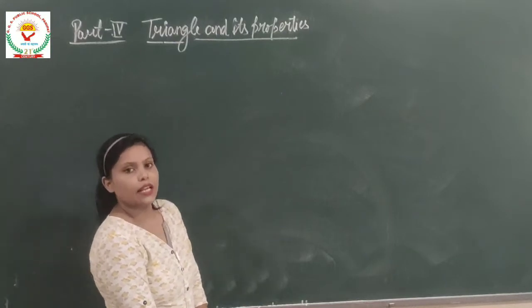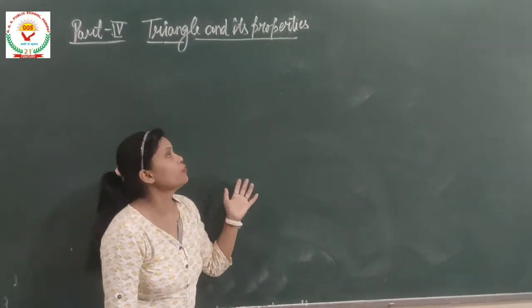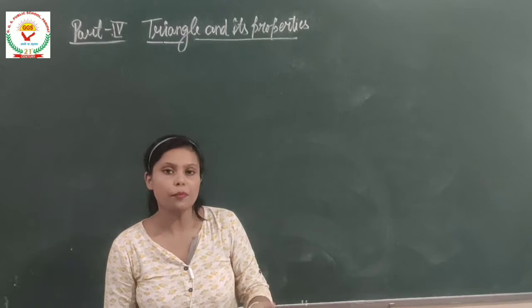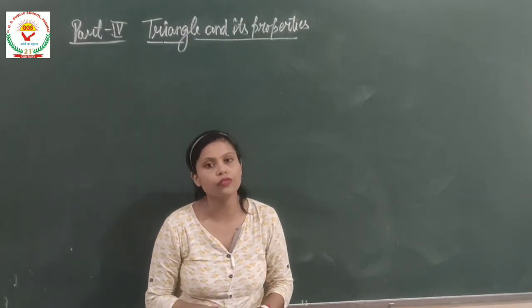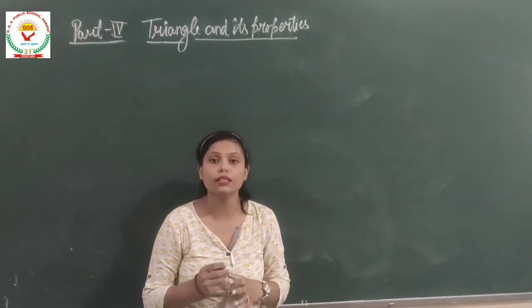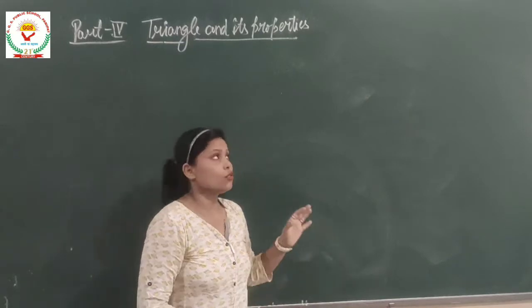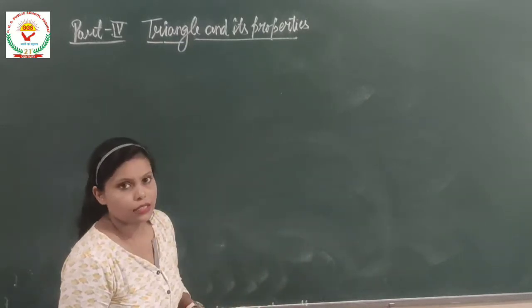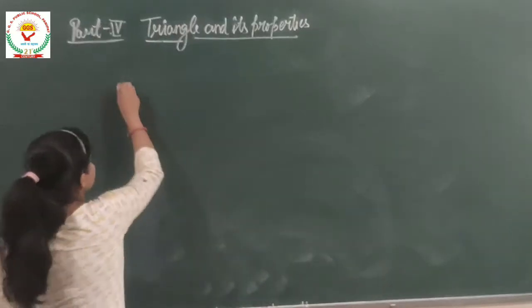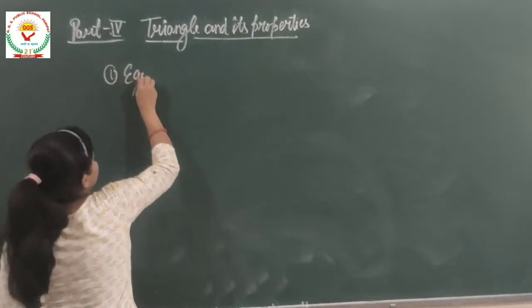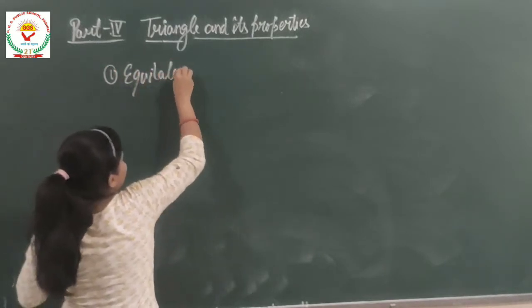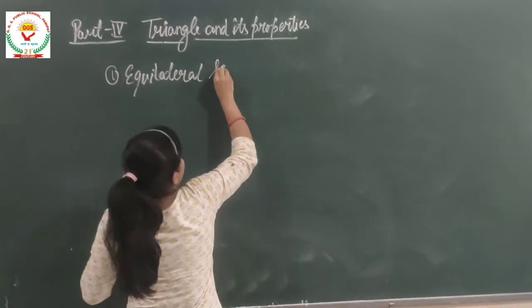Hello students, in the previous part of this chapter we have read about some properties of the triangle. Now we will study the types of triangles. In your exercise there are two triangles given, the first is the equilateral triangle.